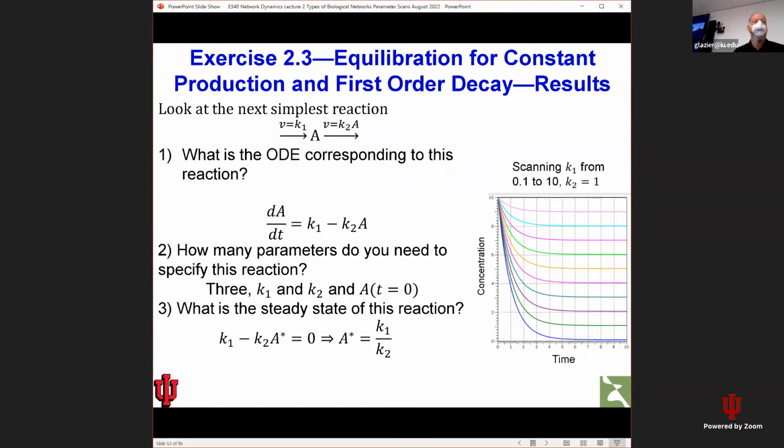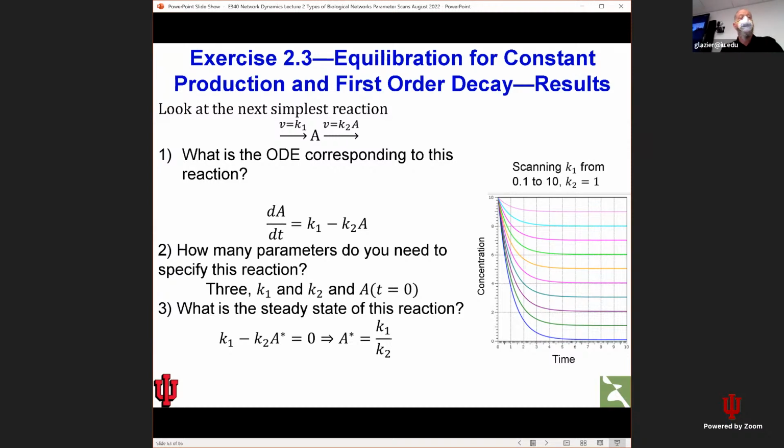Suppose that K1 were 0. So I had no source, and I start out with some amount of A. Well, what happens to A? A decreases exponentially in time.